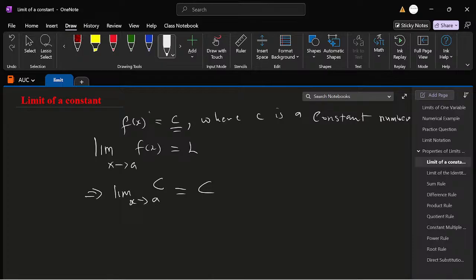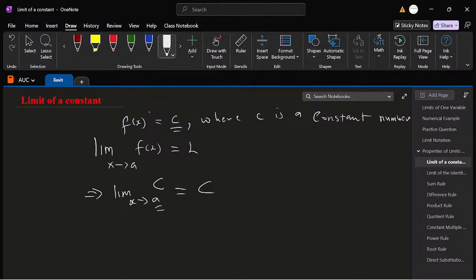Okay, so the limit of a constant is always the constant. Before then, don't forget that the x value is the input and the limit is the output. So irrespective of what the input is, the limit of the function is always the constant.